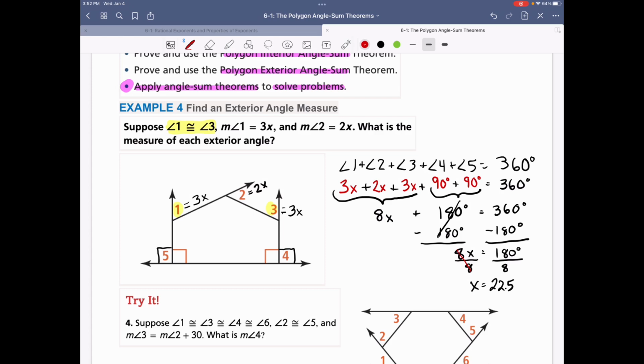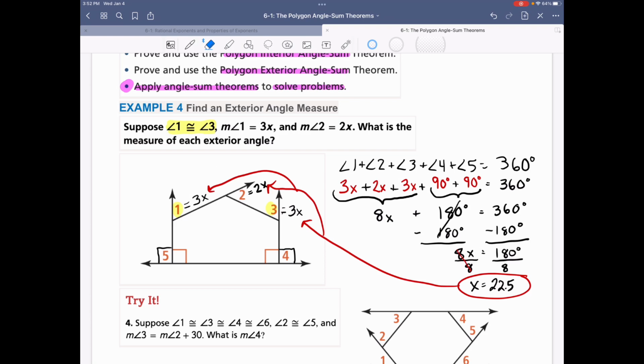We now need to plug that into every x that we have. So angle 1 is 67.5, which means that angle 3 is 67.5. I'm going to write that a little bit nicer. So angle 1 is equal to 67.5.